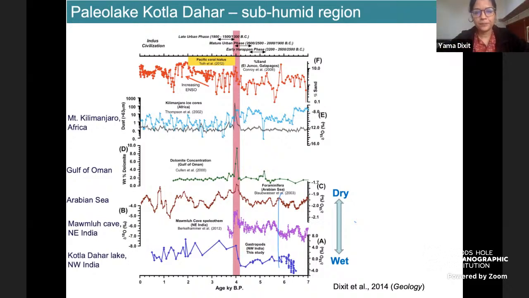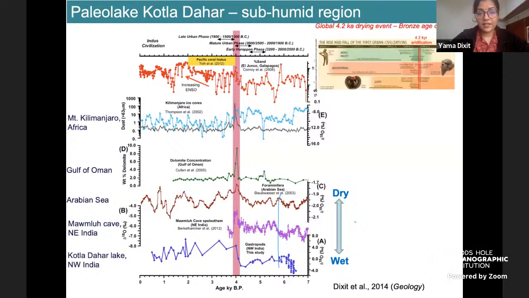Interestingly, there was also a societal or cultural evolution around the same time. It was when the mature urban phase transformed to the late urban phase, or what people colloquially term the collapse of civilization. Around that time, the civilization started to evolve from an urban phase back to village-based settlements. It's not just a regional occurrence.